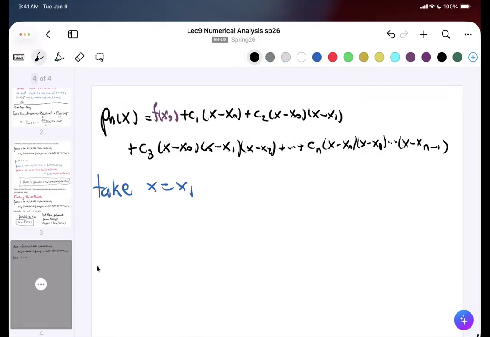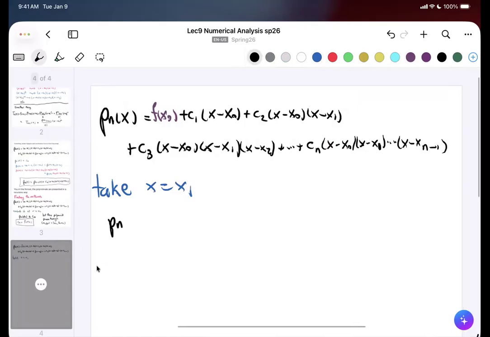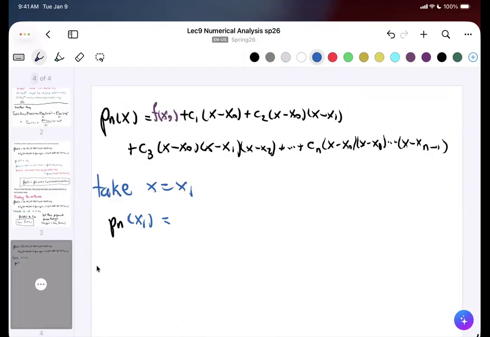So you get Pn of x1 is f of x0 plus C1 times x1 minus x0. Everything else dies, because everything else has an x1 being subtracted, so when you plug in x1, it goes away. And this is similar to what we were talking about.